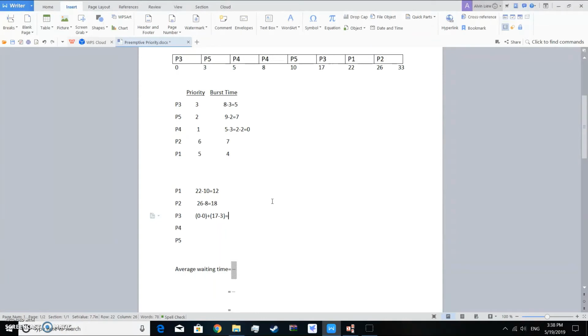Equals 14. P4 is here 5 and minus its arrival time, which is 5, equals 0.